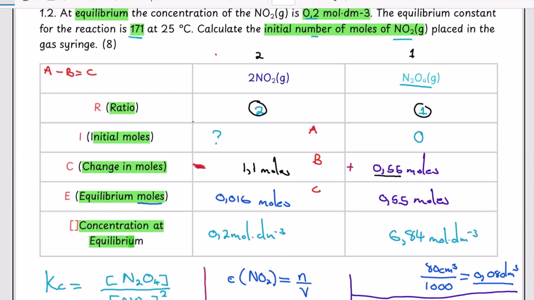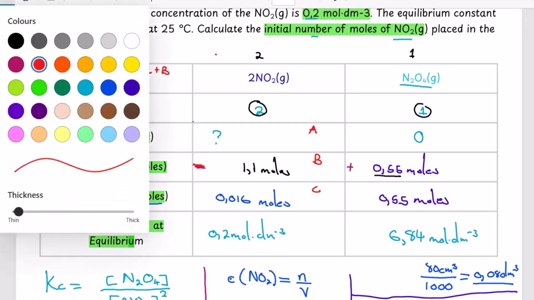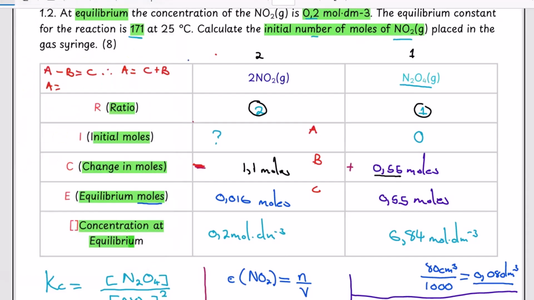In this case I'm looking for A. In order to make A the subject of the formula, A is equivalent to C, and if I transpose my B, I'm supposed to add. So A equals C plus B. Now I substitute with the values from the table.